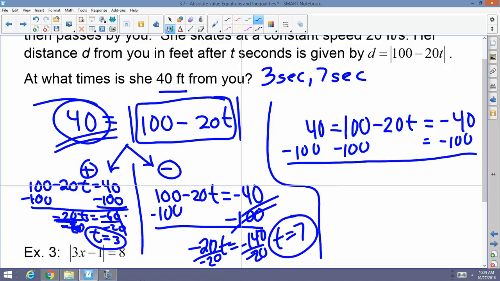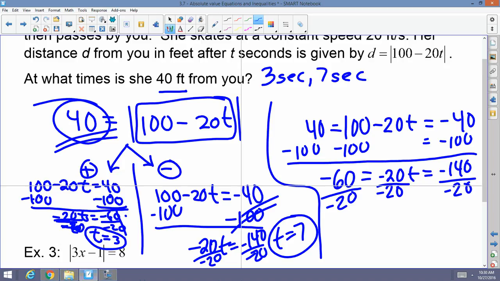So that's going to give me negative 60 equals negative 20t, which equals negative 140. And yeah, this is a one-stop shop, guys. I hate to evolve, to be honest with you. I don't like change. But I got to say, in this case, I think maybe Mr. Morrow should start changing. Because I think that's a little bit better, a little bit more efficient.